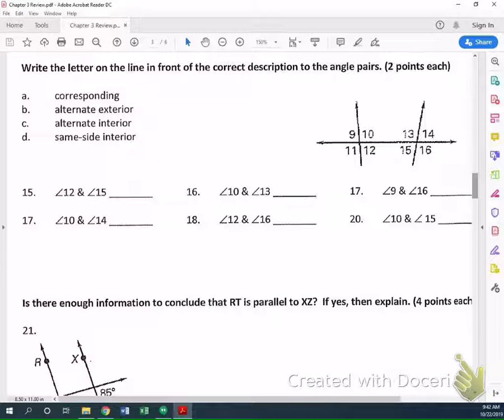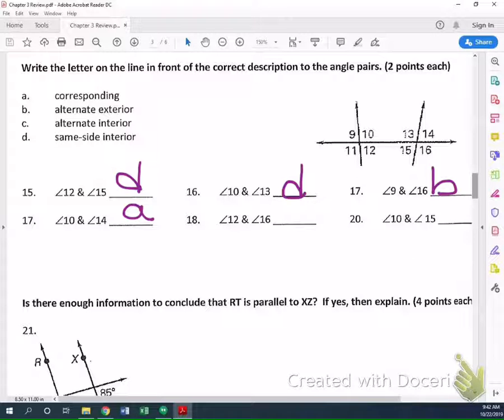All right, so you're describing the angle relationship. So 12 and 15. 12 and 15 are D, same side, interior. 10 and 13, also D, same side, interior. 9 and 16, B, alternate exterior, good. 10 and 14, A. Yeah, just matching.